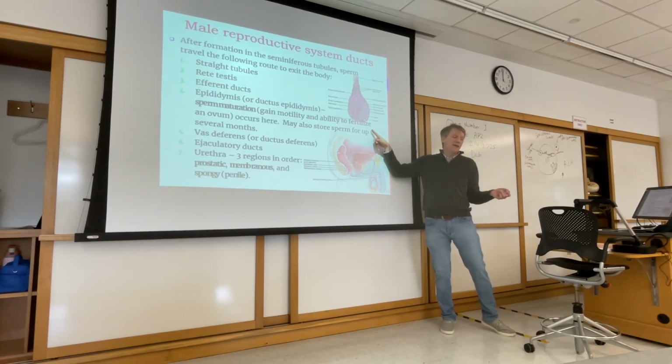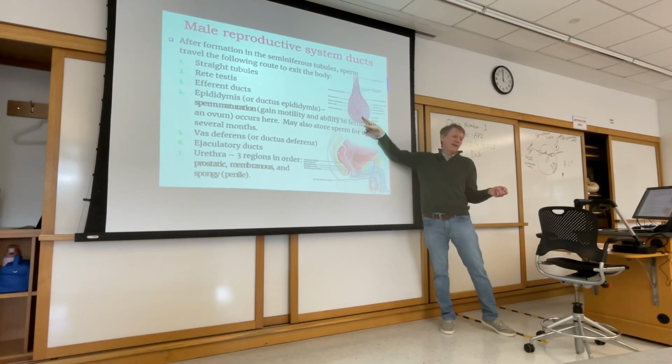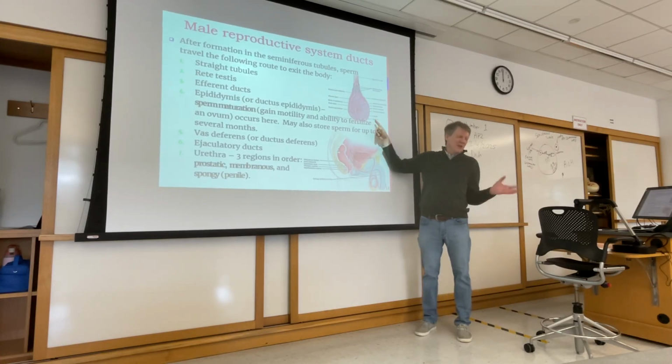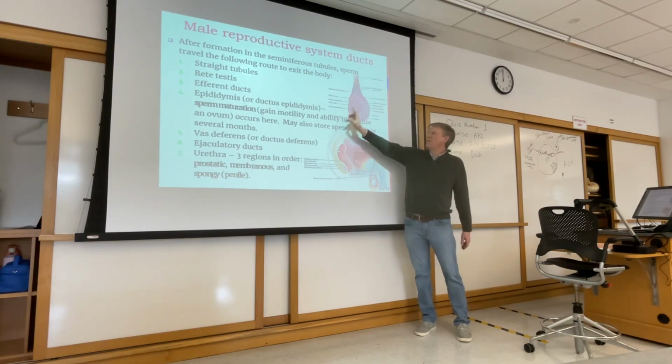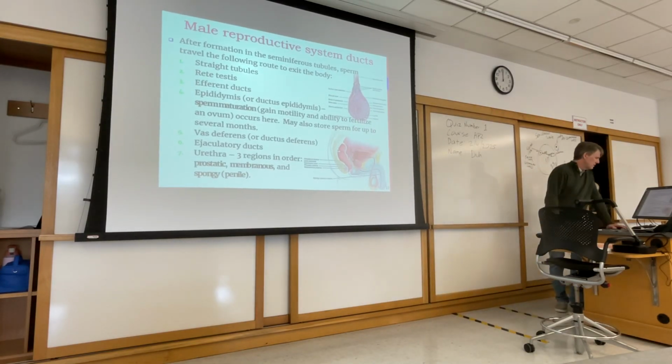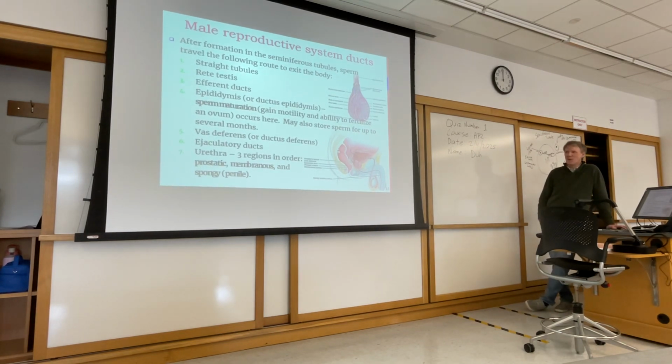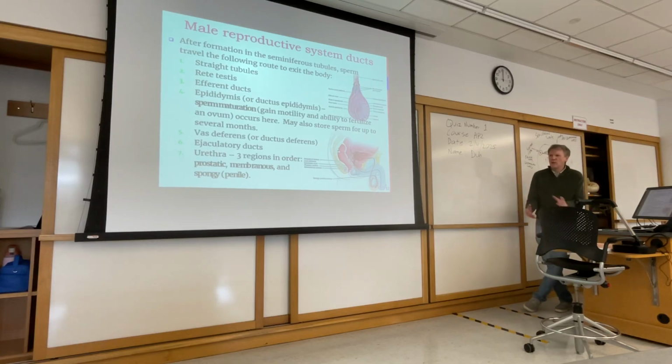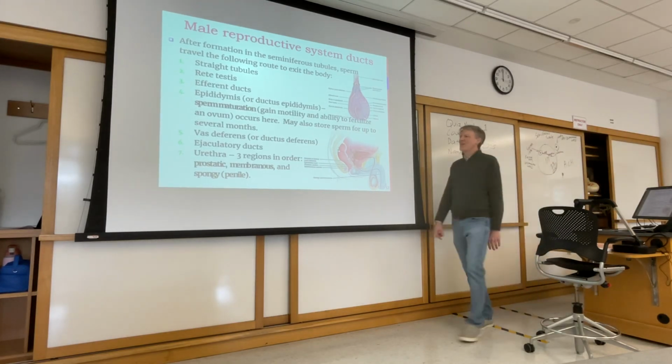They couldn't do it. It would be too tough, right? They just give up. So the epididymis is like swim school. They learn how to swim when they're in the epididymis. They also learn the ability to fertilize an ovum.